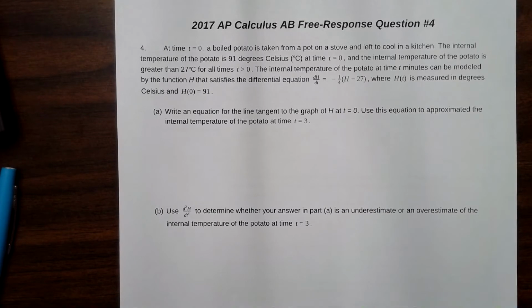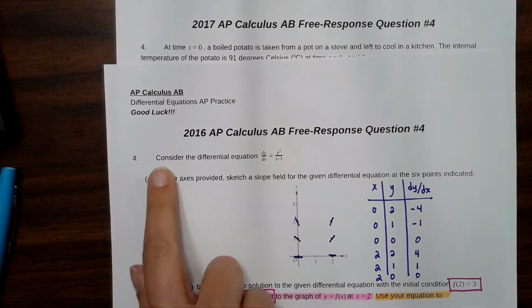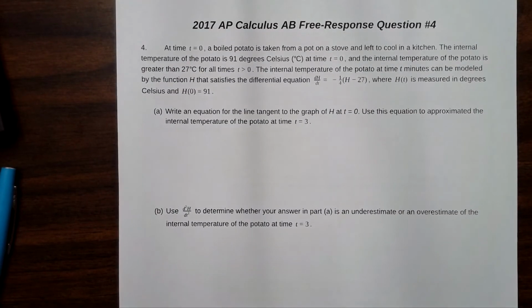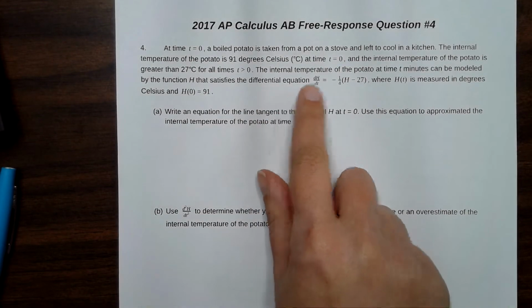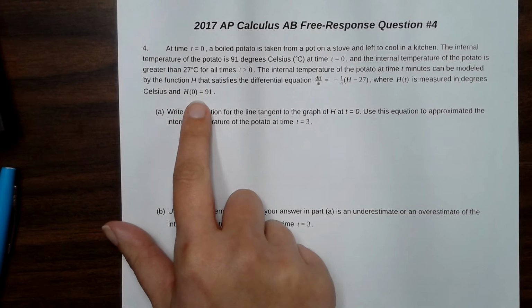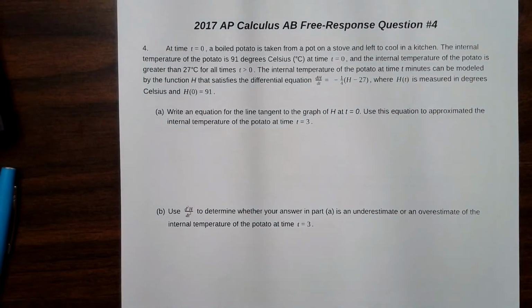So, unlike in the previous problem where they just said, consider the differential equation, they've given you a whole story here, but they've still given you a differential equation, so a derivative, and they've still given you an initial value, h of 0 equals 91. Part A says, write an equation for the line tangent to the graph of h at t equals 0.